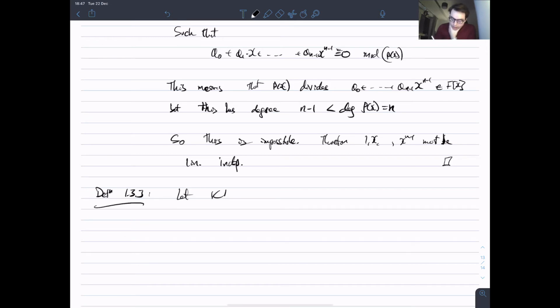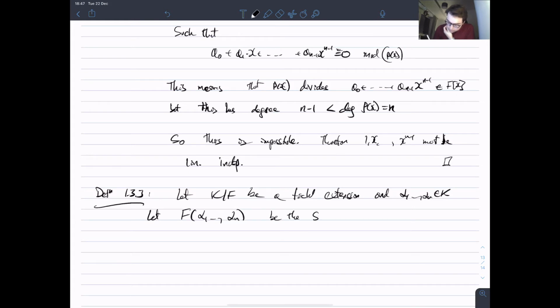If I let K over F be a field extension, and I take some elements in K, say alpha 1 to alpha n in K, I'm going to let F(alpha 1, ..., alpha n) be the smallest subfield of K which contains F and all of these elements, alpha 1 to alpha n.